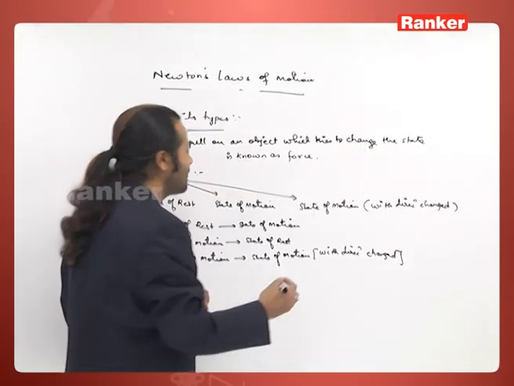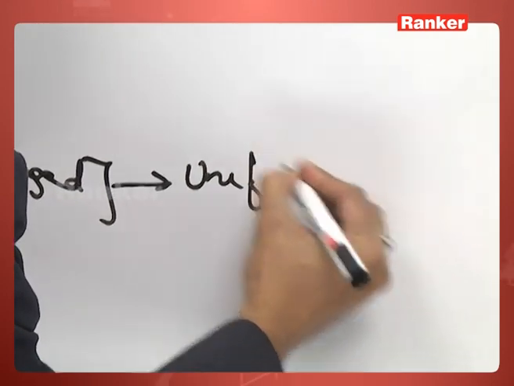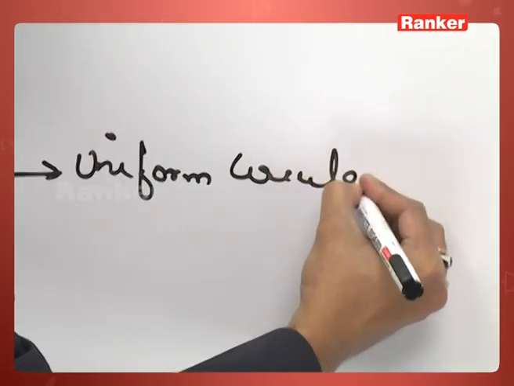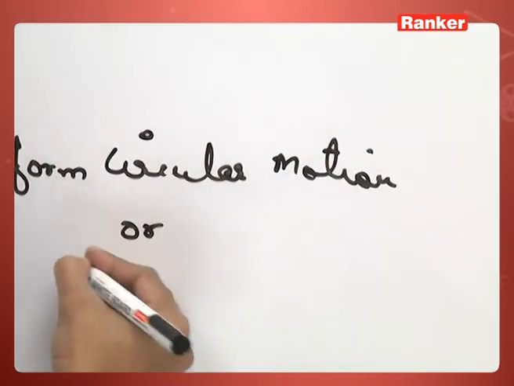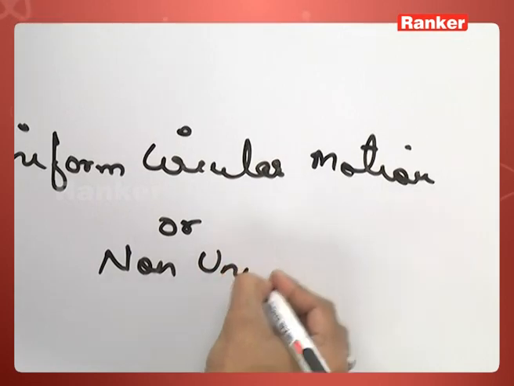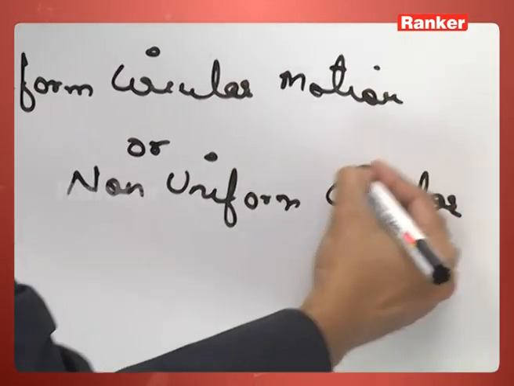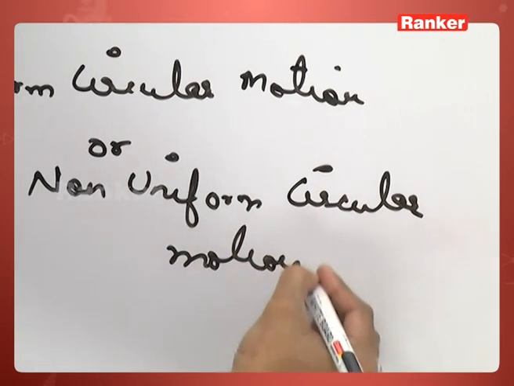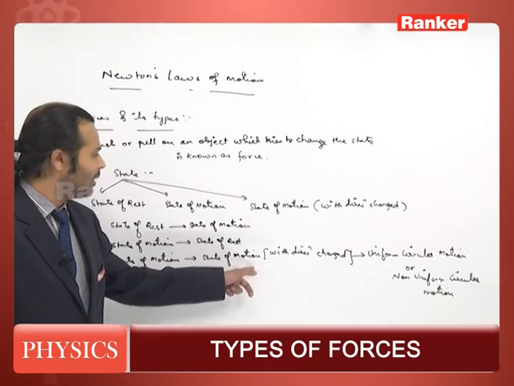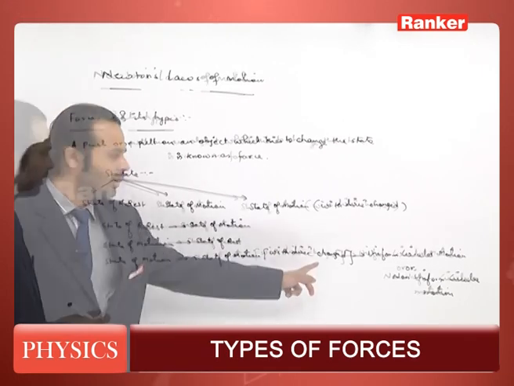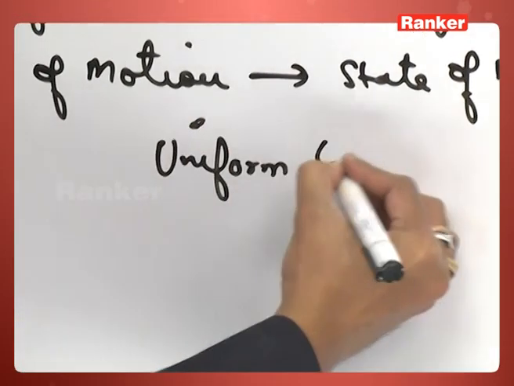That means this is the best example we can have, either uniform circular motion, which we will discuss in later classes, or I can say non-uniform circular motion. So we can say state of motion to state of motion with direction changed. So here we can say uniform circular motion.